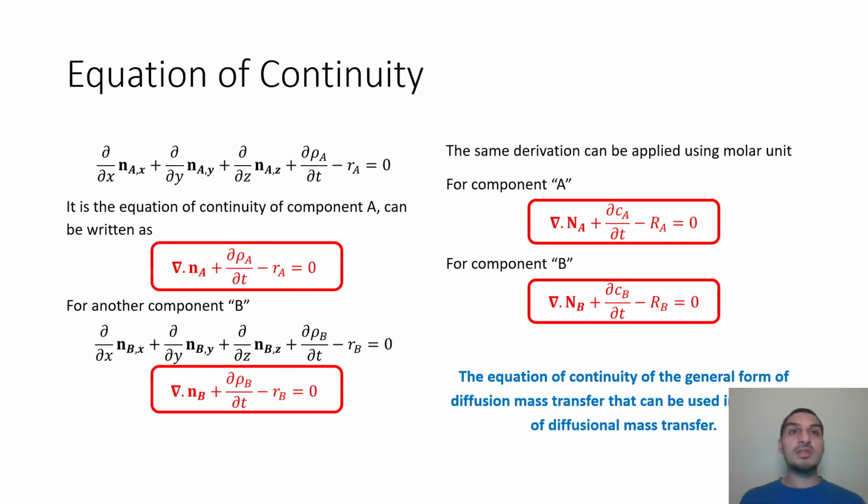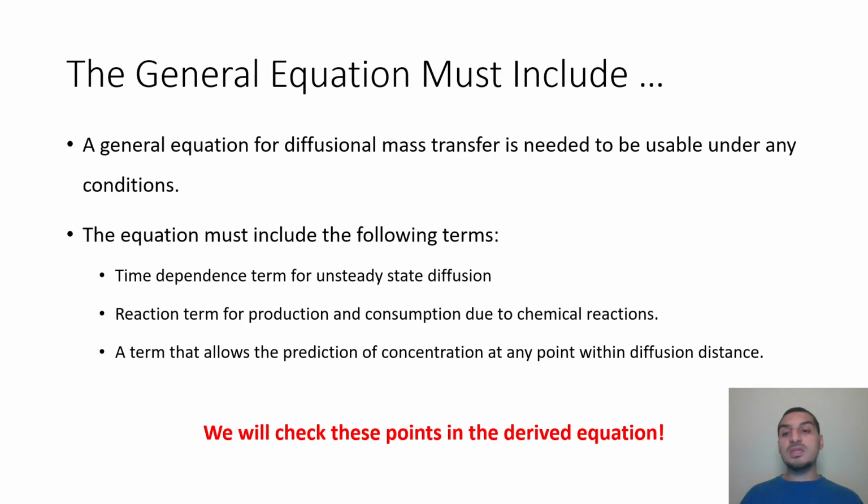And this is something that we need to check now. So now we are assuming that this equation is the equation that we were looking for, or we were trying to reach, and we need to revisit the conditions that we put before, or the criteria that will confirm that this is the equation we need.